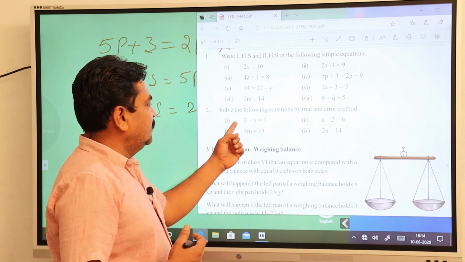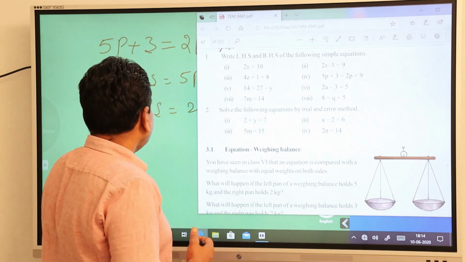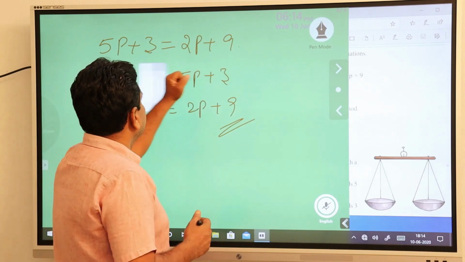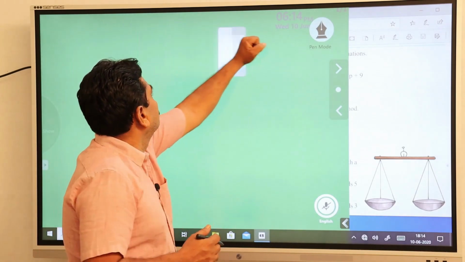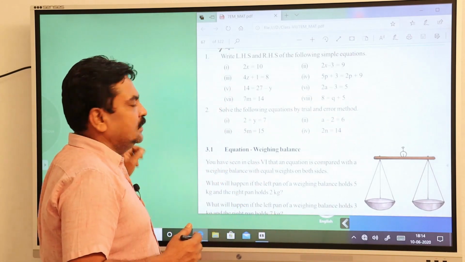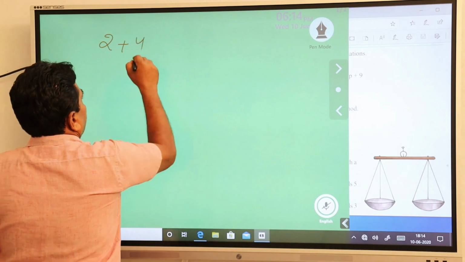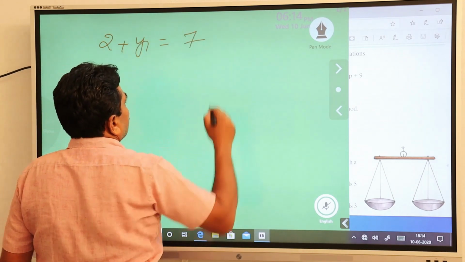Let me check. The first one is 2 plus y is equal to 7. I'll just rub this. The question again: 2 plus y is equal to 7.